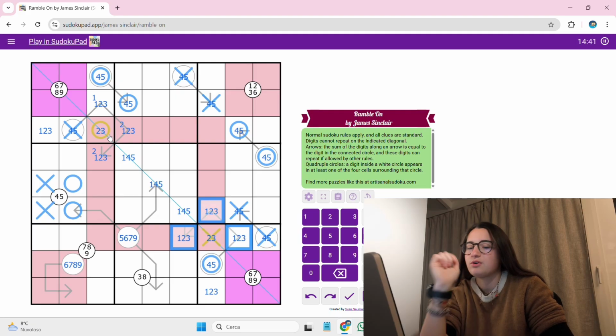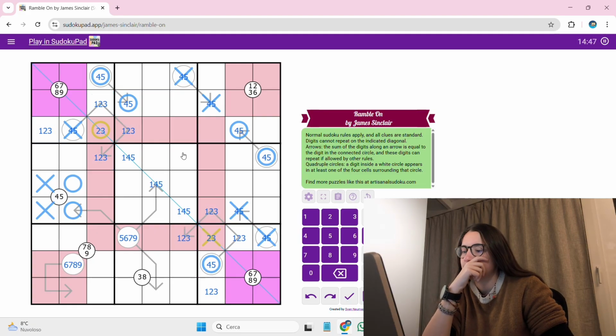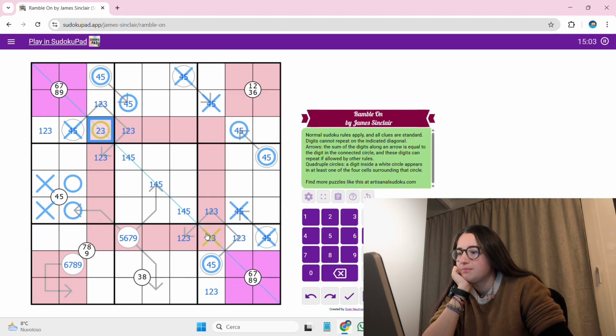Okay, hold on. I think we need at least 2 1s and 2 2s in here. And 2 3s maybe. We have 2 3 here.